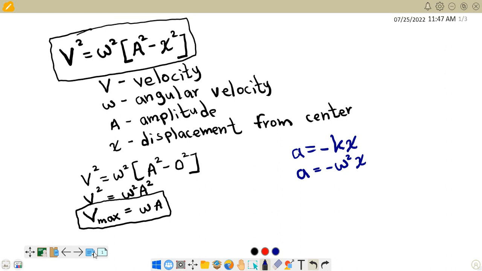Next, we're going to talk about the energy of simple harmonic motion. For example, I'm taking a simple pendulum. Here, we are going to talk about potential energy, kinetic energy, and total mechanical energy.